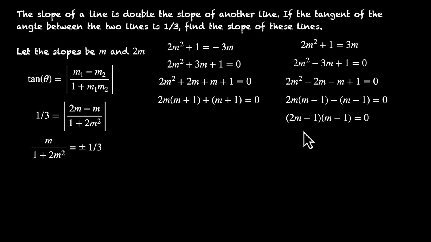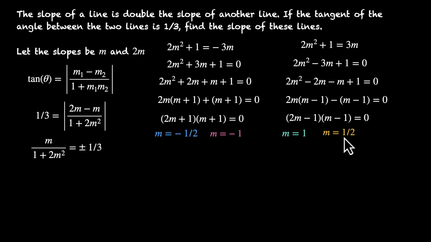So this gives us 2m minus 1 times m minus 1 equal to 0. And this gives us 2m plus 1 times m plus 1 equal to 0. So this gives us two values of m, and they are m equals 1 and m equals half. And this one gives us two different values, m equals minus 1 and m equals minus half.